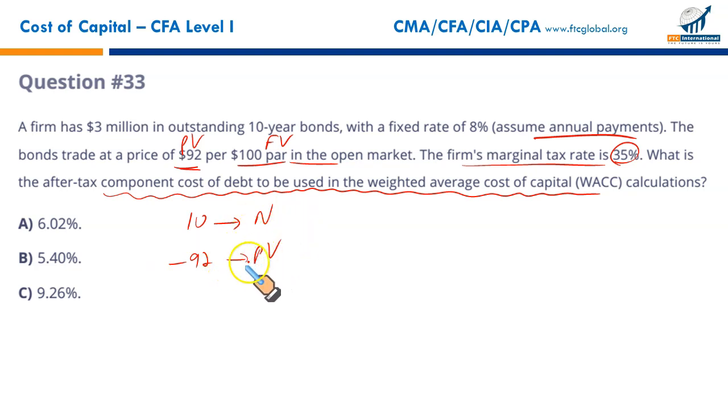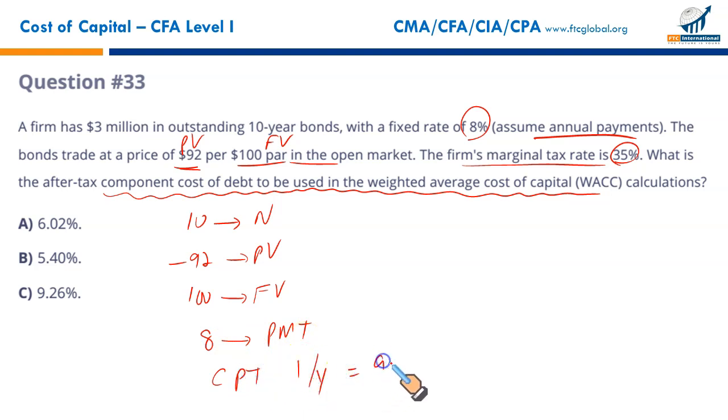Face value, the redemption value, that is 100 positive FV. Payments, it's 8% on a $100 bond, that's $8 every year, 8 PMT. Simply press CPT, you will get your rate 9.26%.